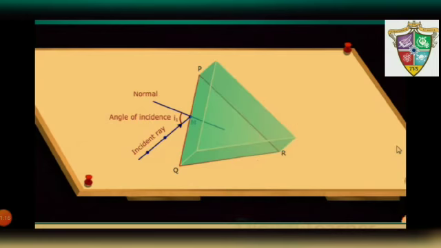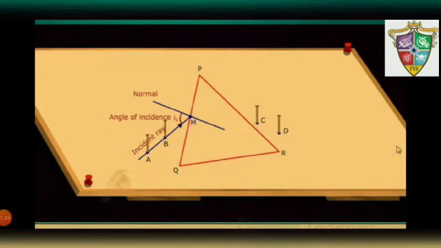Now put the prism on the boundary of PQR and fix two pins on the incident ray at points say A and B. Looking from the other side, place two other pins on the other side of the prism, mark them C and D in such a way that all four pins lie in the same line. Then remove the prism and the pins.